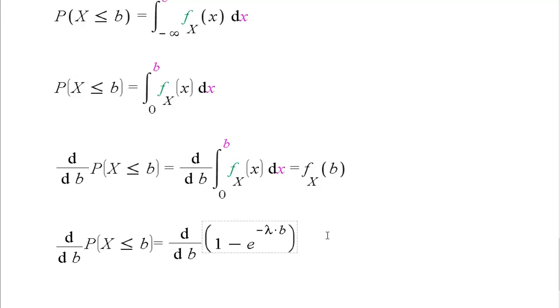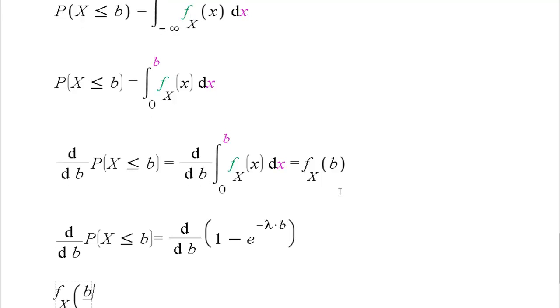So because they're both equal to the derivative of the probability that x is no larger than b with respect to b, that means my probability density function f sub x of b is equal to the derivative of this with respect to b.